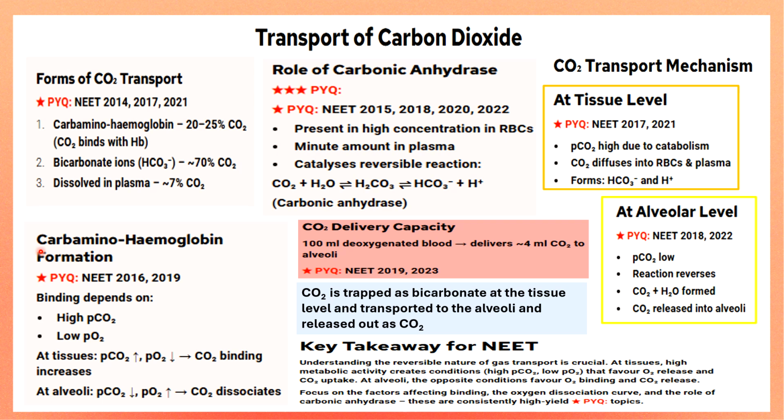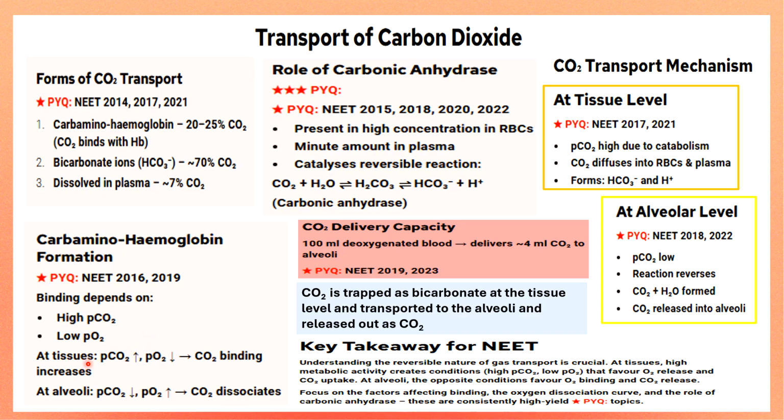Now, what leads to the formation of this carbaminohemoglobin complex? This binding typically depends upon the high PCO2 or high partial pressure of carbon dioxide, which is the most important factor, and low PO2, that is another factor.